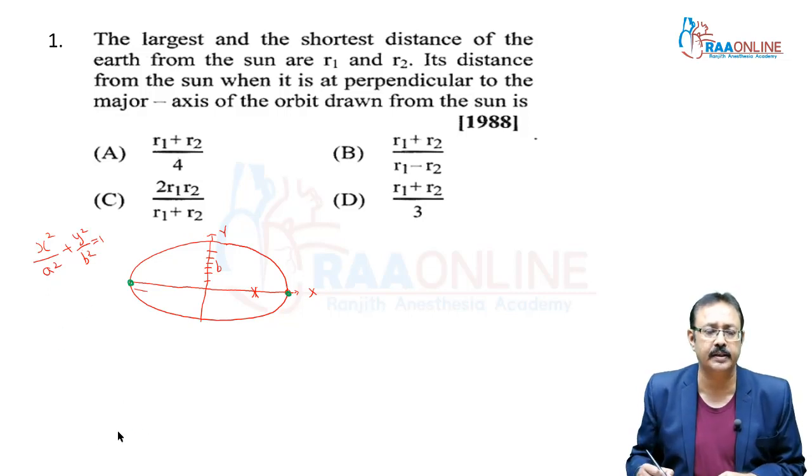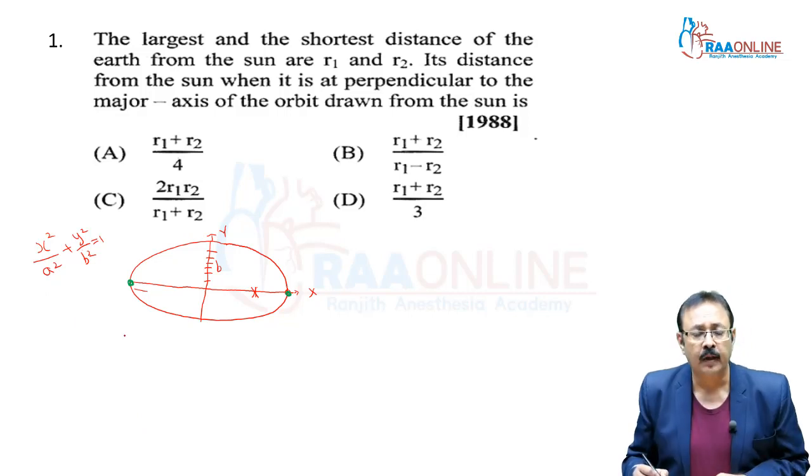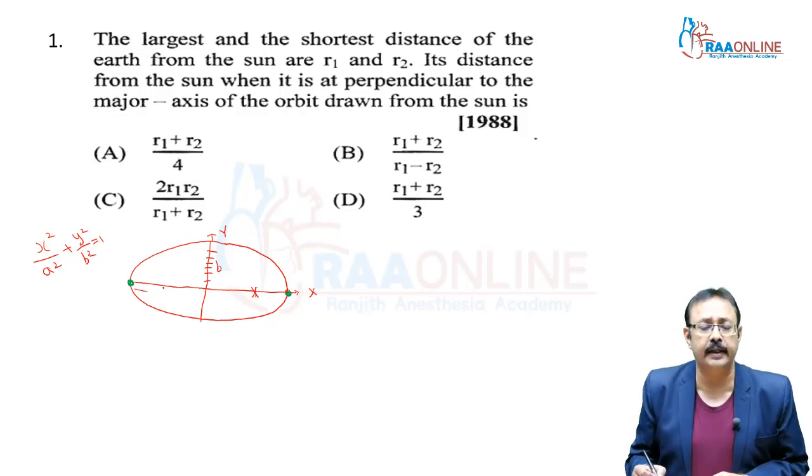These are the shortest and largest distances. So these they have given as R1 and R2. This distance is R1 and this distance is R2.